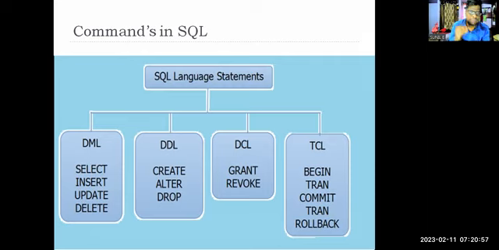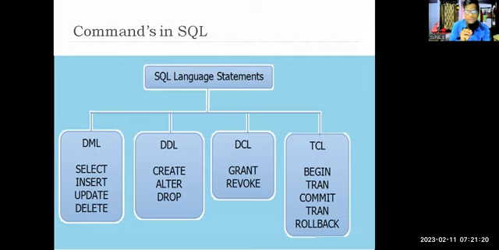Next, DDL, data definition language. Here we use three types of statements: create, alter, drop. Okay, these are the three statements we follow in DDL. Next, DCL, data control language. DCL has grant and revoke, only two statements.